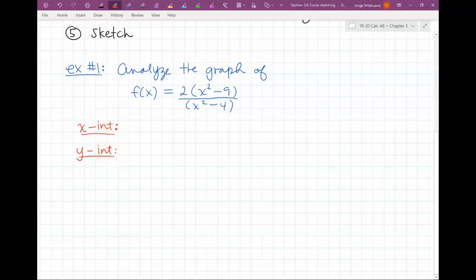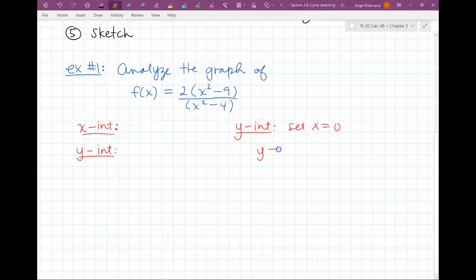To find my y-intercept, I set x equal to 0.